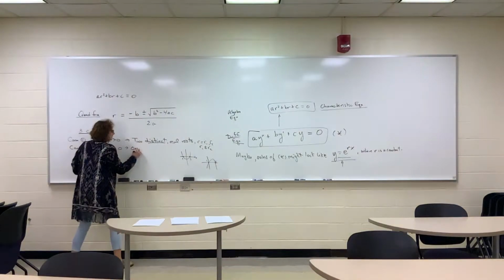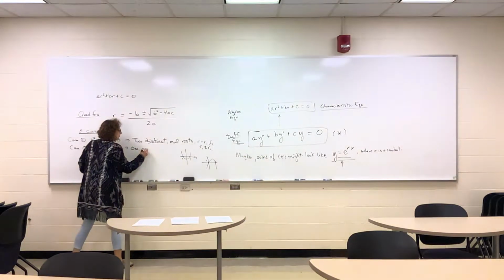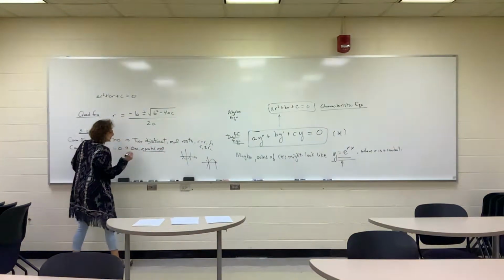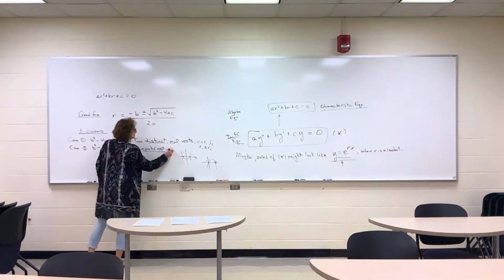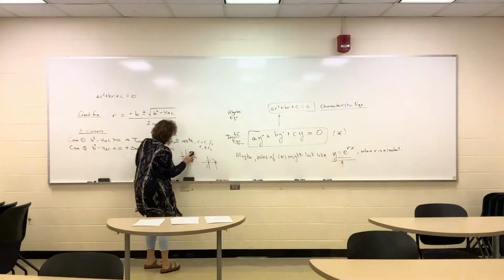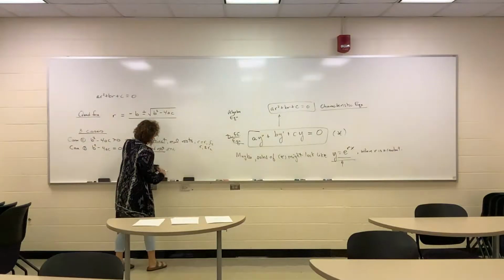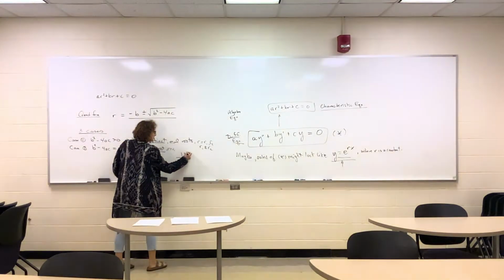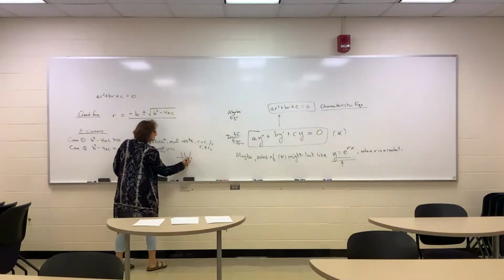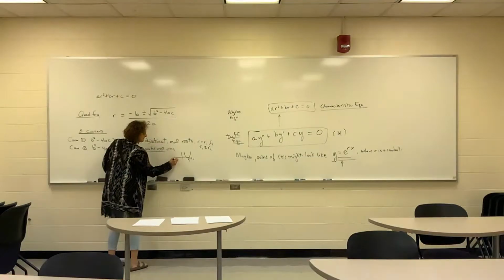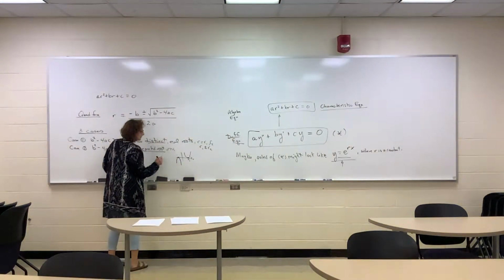We get one repeated root, just R1, period. What does that look like? That would look like a parabola that just touches the axis and then goes back up, or maybe does this.